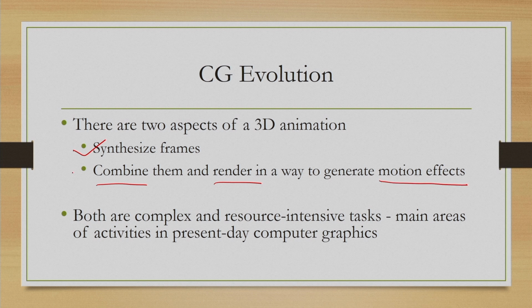Now, synthesis of frames as well as combining them and rendering them on the screen to generate motion are complex processes, and they are also resource intensive. They require lots of hardware resources. So, these are the main focus areas of present day computer graphics activities: how to make these processes workable in the modern day computing environment.